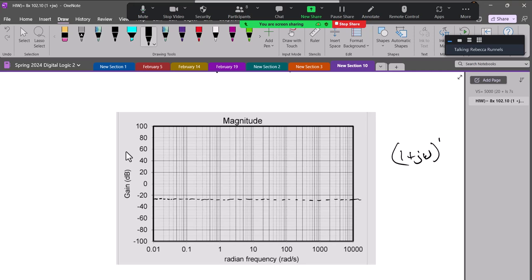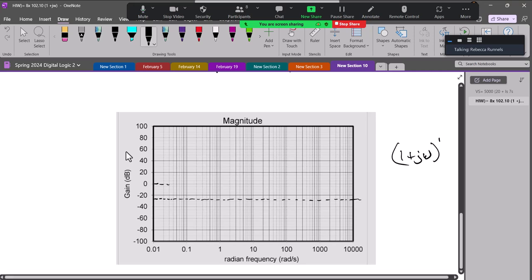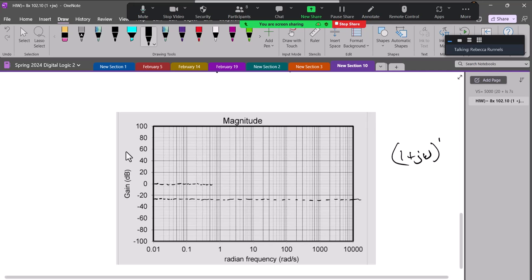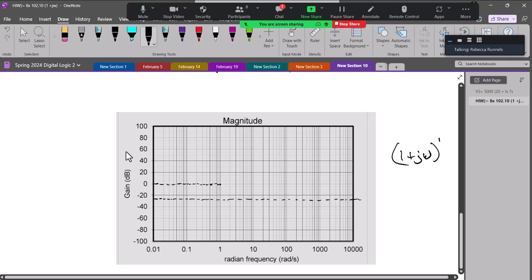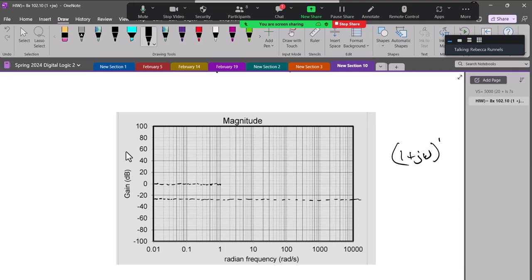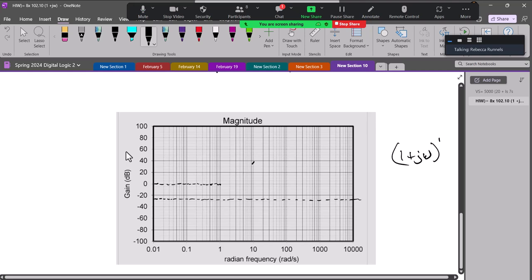So it goes flat at 0 until I get to 1, that's the corner frequency, and then it is 20 decibels per decade, so that goes from 1 to 11 would be the slope there.